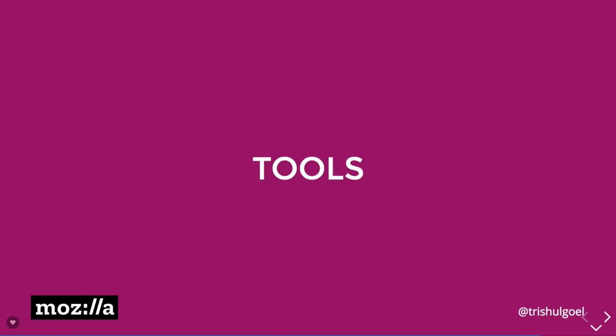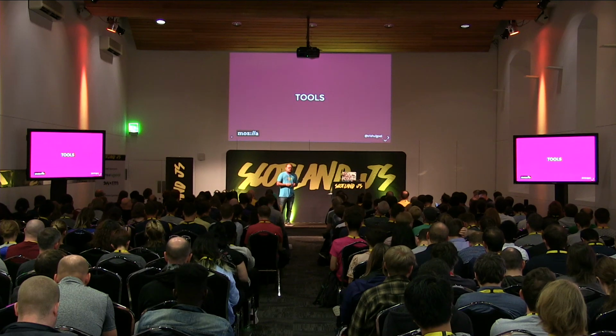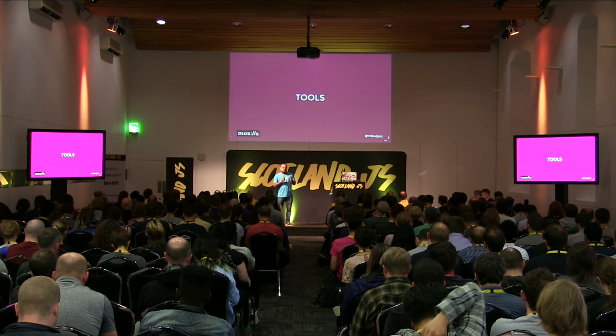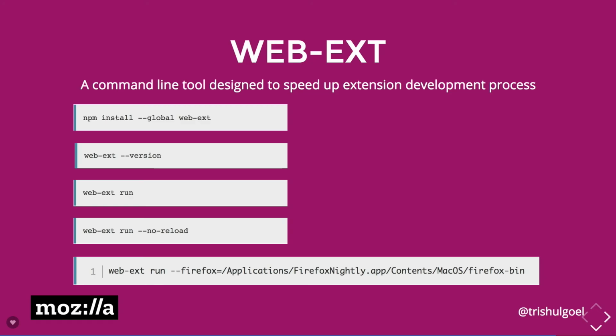So I'm an extension developer, and there are a few more extension developers, and we are together so lazy that instead of writing every time, we created some tools which can help you to create your own web extension. One of them is web-ext. This is a tool created by the Mozilla team.